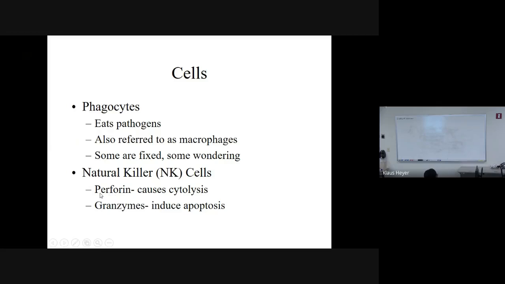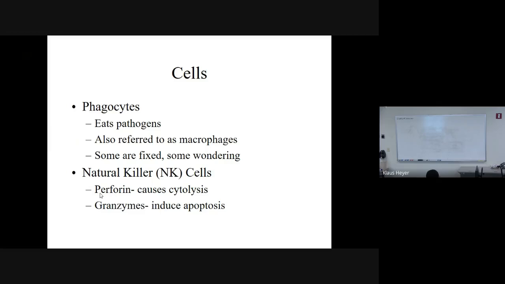Perforin is like perforated paper, you know, it's got like those holes in it. So it makes perforations in the pathogen, punches holes in it. And it causes all this stuff to leak out of the pathogen. So that's cytolysis, cell breaking. So that's one tool it has.